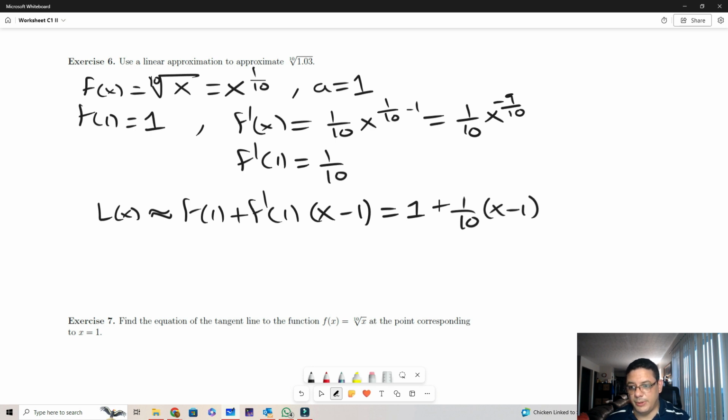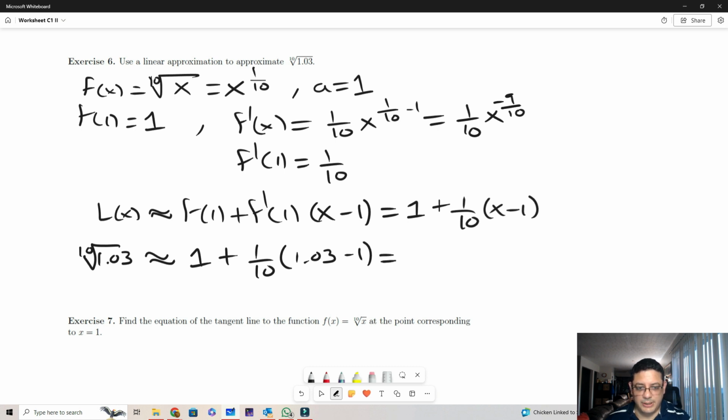And so now if we want to approximate the 10th root of 1.03, this is going to be 1 plus 1/10 times (1.03 minus 1). And so this will be 1 plus 1/10 times 0.03.